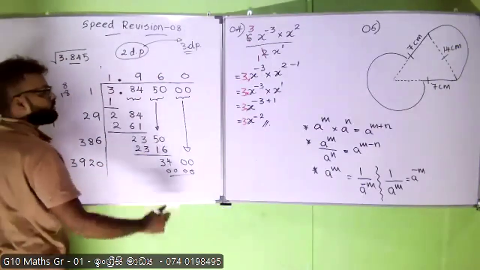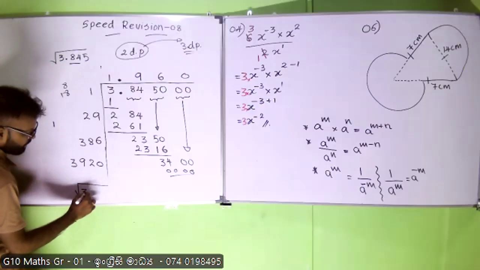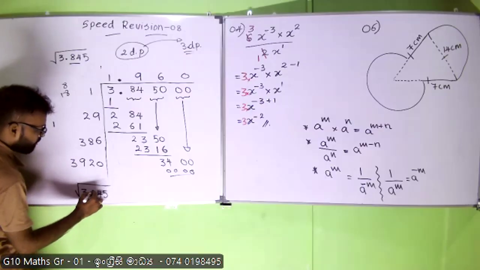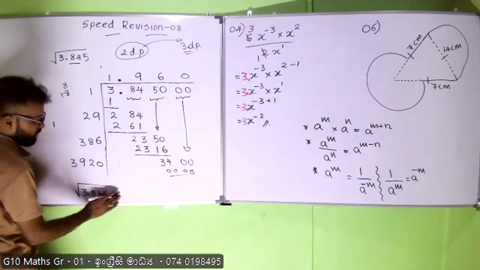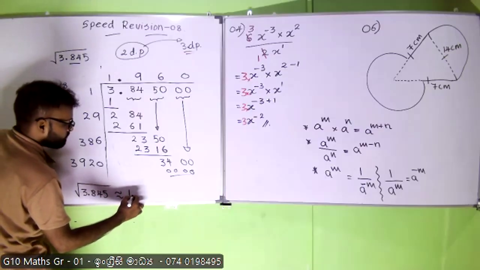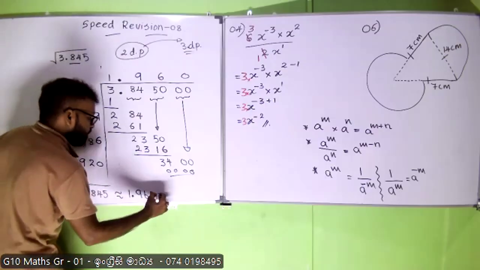So 1.960. Nice. So the square root of 3.845 approximately equals 1.960.